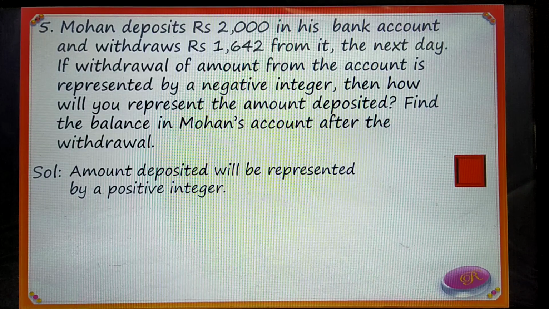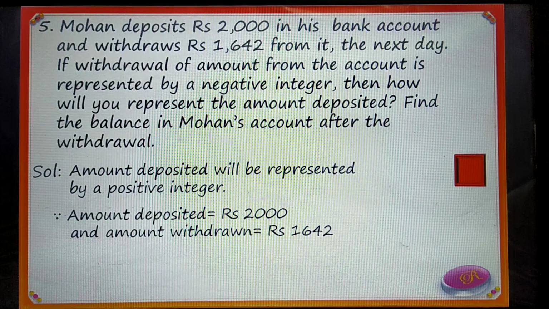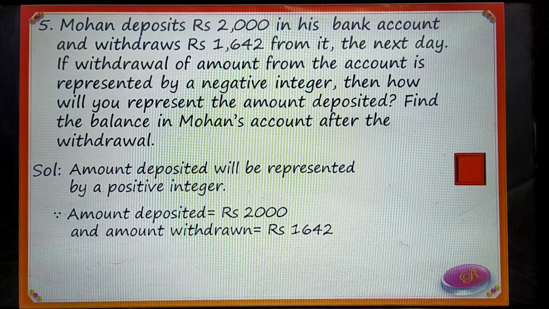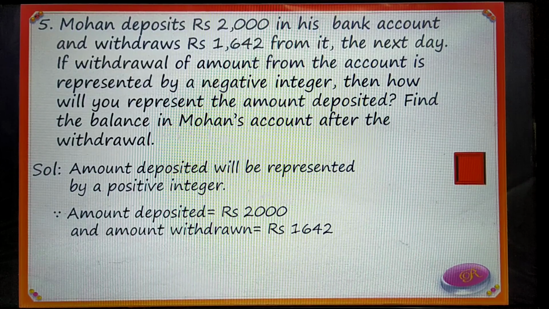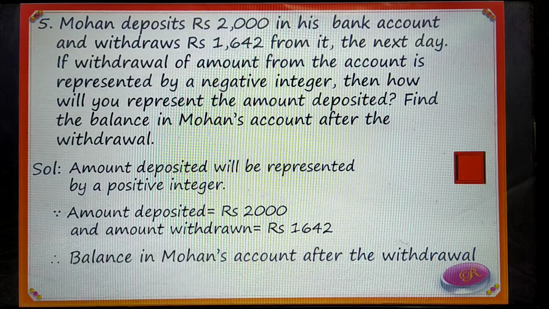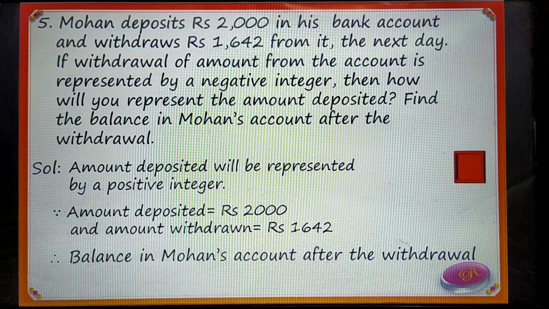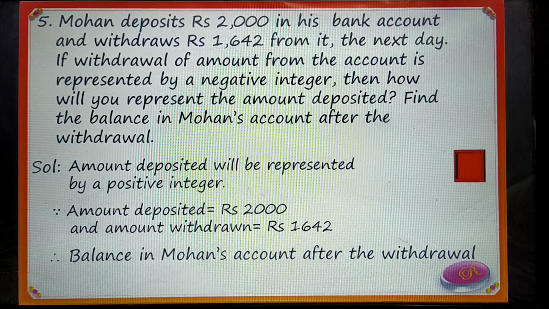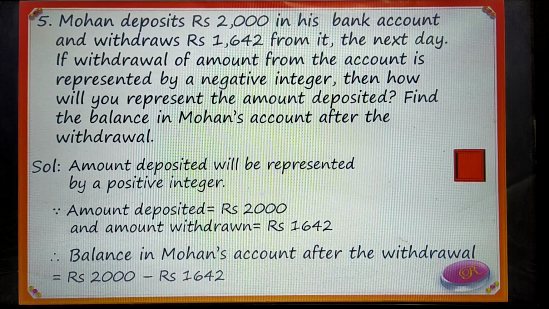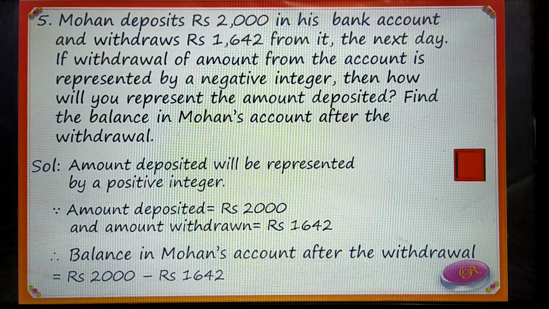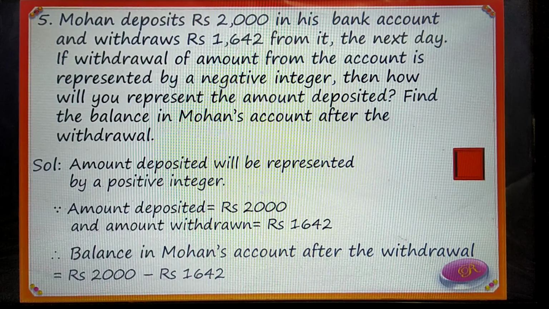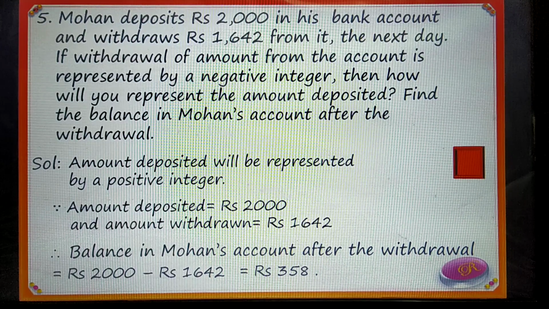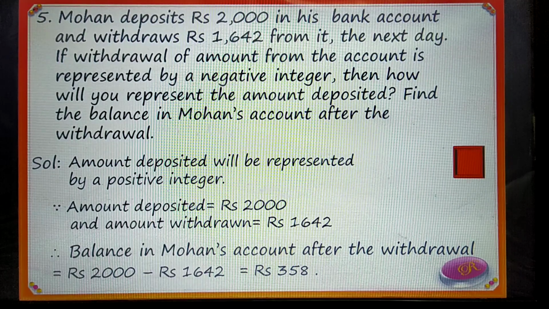Since the amount deposited is equal to rupees 2000 and the amount withdrawn is equal to rupees 1642, therefore the balance in Mohan's account after the withdrawal is equal to rupees 2000 minus rupees 1642, which is equal to rupees 358.